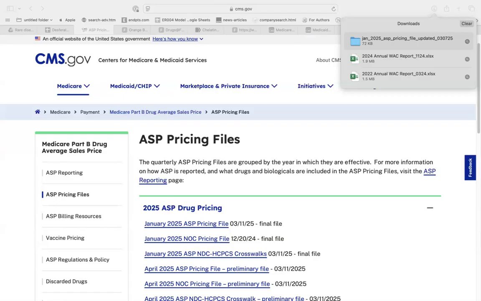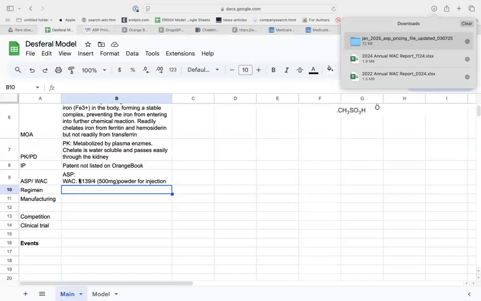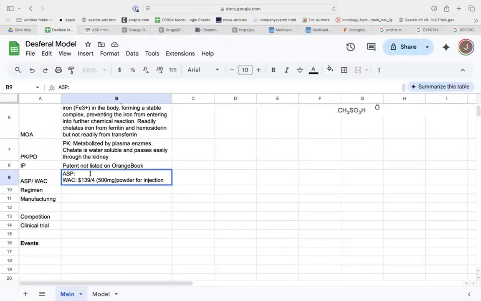Okay, so ASP is very low. What? So WAC is around $30 per vial. This ASP is around $8 or $9 per vial. ASP is really what Medicare pays, and in general, Medicare pays less than private insurance. So my guess is private insurance pays you somewhere between $10 and $20 per vial.